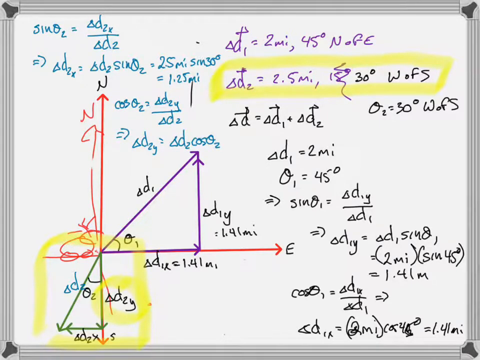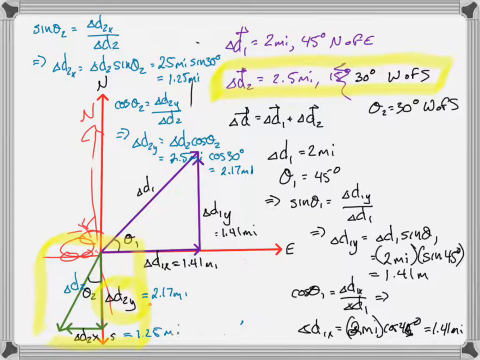Sorry, this is so squished in, but I want to make it all fit on one page. So we plug in 2.5 miles times the cosine of 30 degrees, which is 2.17 miles. So we've got 2.17 miles on the y component, and the x component is 1.25 miles.